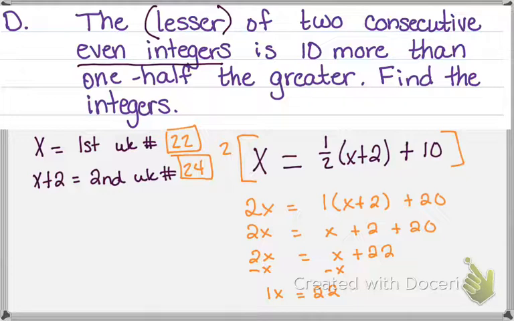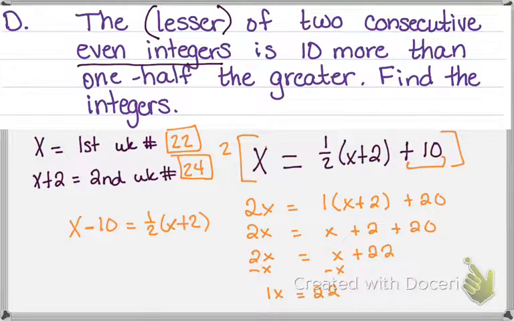So we've got to give the other side 10 to make it even. Then 1/2 the greater, and the greater is x plus 2. So 1/2 (x plus 2) plus 10. This plus 10 here makes this side equal to x because x already had 10 more. Now we could have also done x minus 10 is equal to 1/2 (x plus 2). We still would have gotten the same answer.